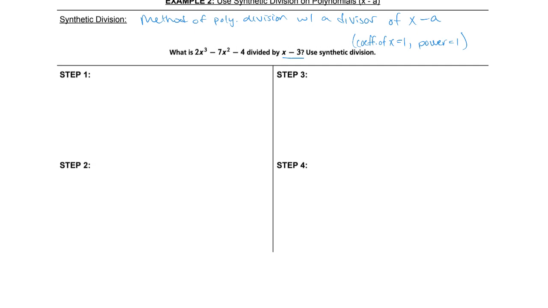What we're going to do is first make a backwards capital L, like this. And we're going to write the coefficients of each term of the polynomial.